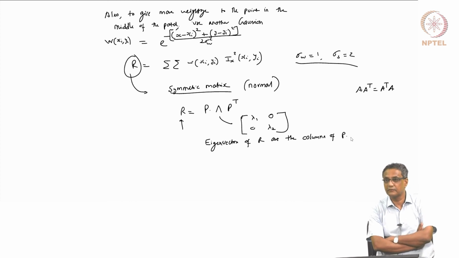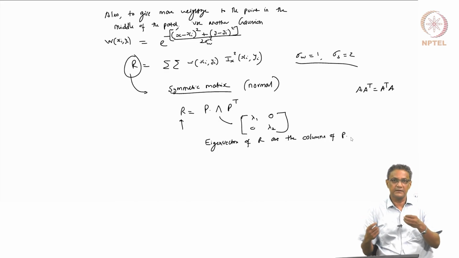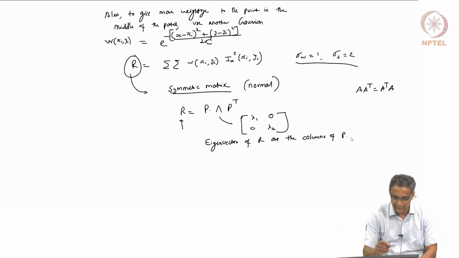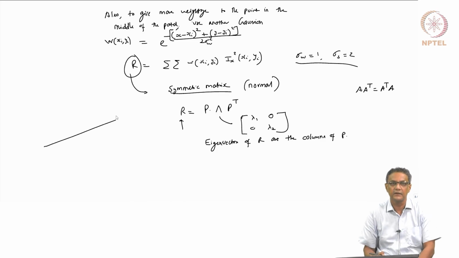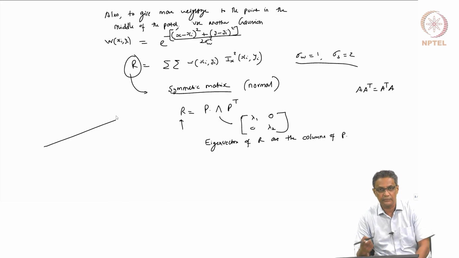They tell what the variations are, in which directions the variations are, from highest to lowest. So for example, if along one direction you have the highest variance, how will you capture that? That is captured through the eigenvalue.